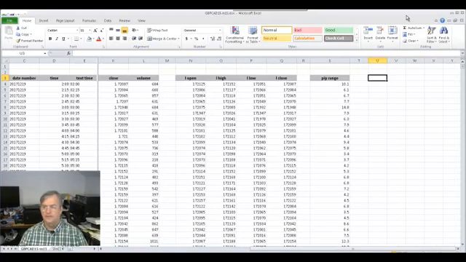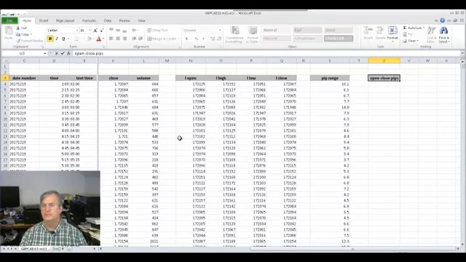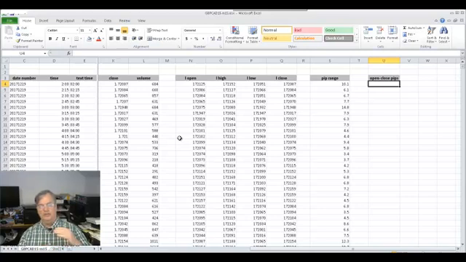Let's look at the open close pips. The open close is going to be the size of the candle body, right?